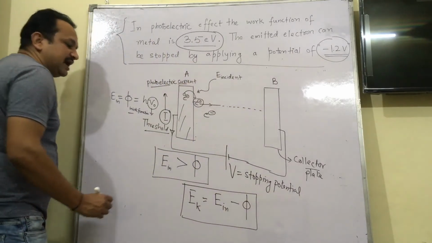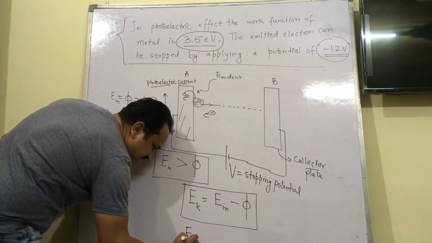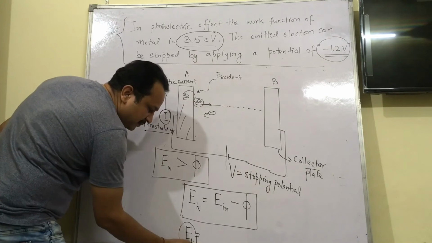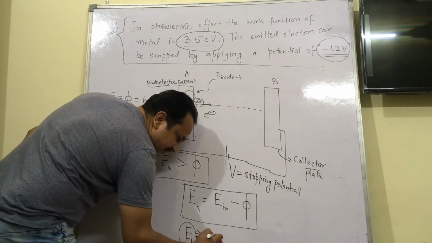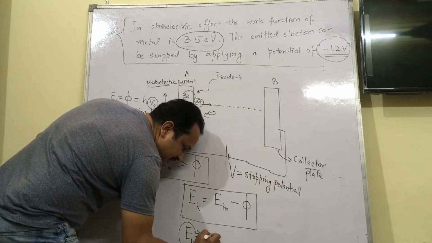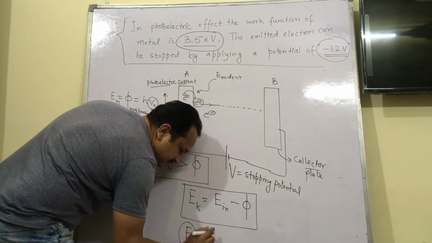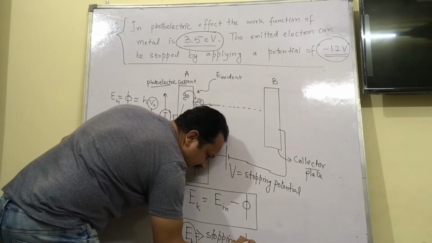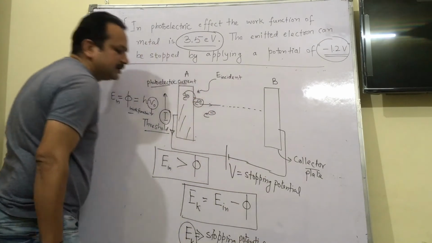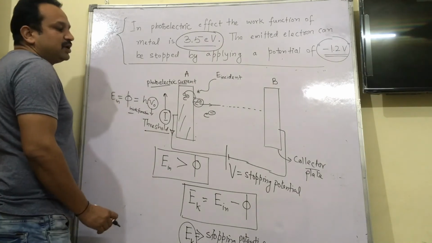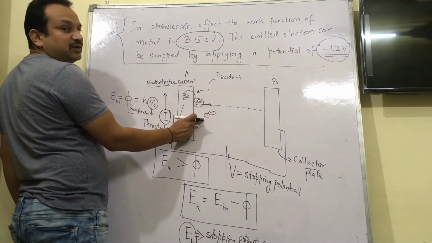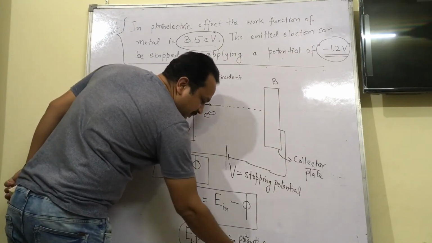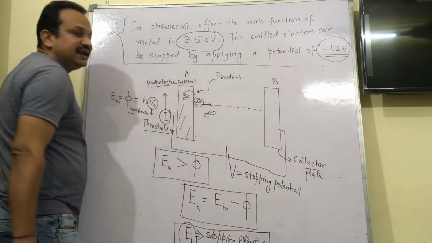It means I can say the stopping potential is equal to the kinetic energy of the excess kinetic energy, because this stopping potential will stop this electron which has an extra kinetic energy.